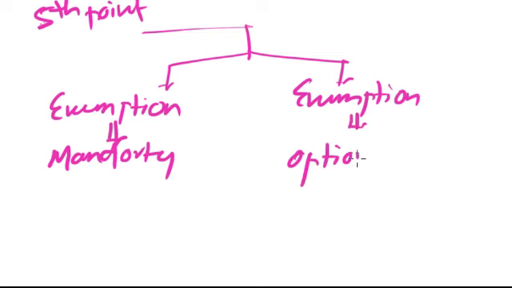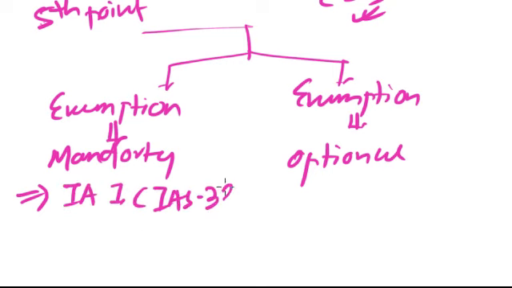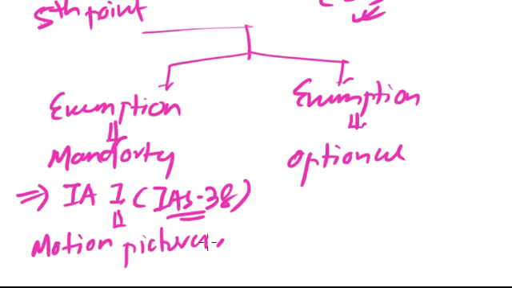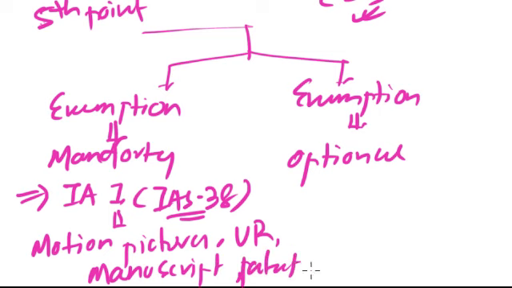Any intangible assets, I'm going to denote intangible assets as IA, qualifying under the definition of IAS 38. Any intangible assets obtained by the lessee as part of a lease agreement, related to motion pictures, video recordings, manuscripts, patents or copyrights, are covered under this section.